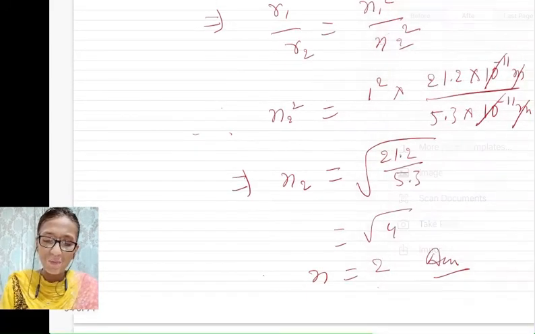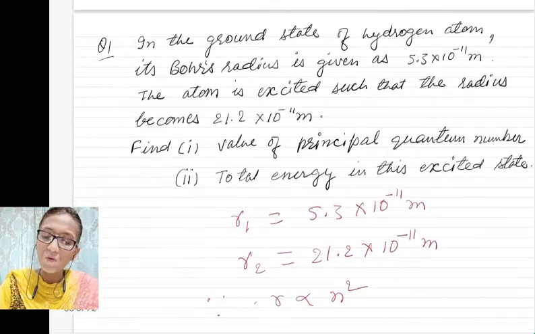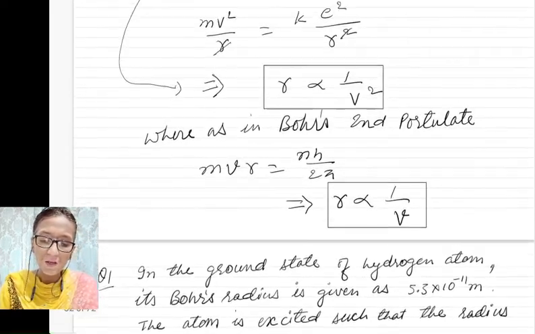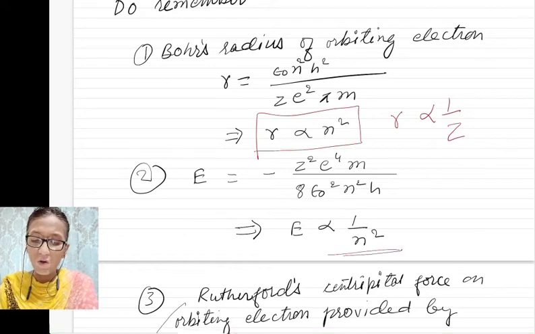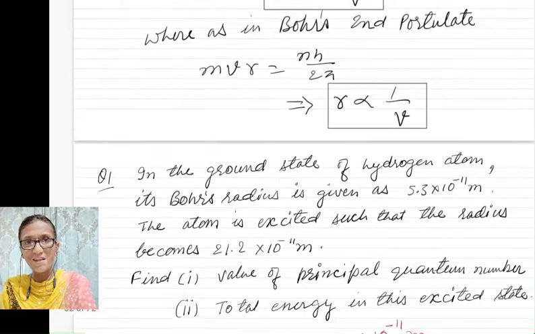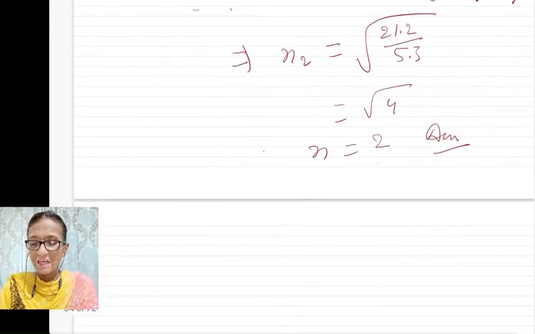Now question number 2, part 2 of the question. Total energy in this excited state. You can see how energy and principal quantum numbers are related. They are inversely proportional.